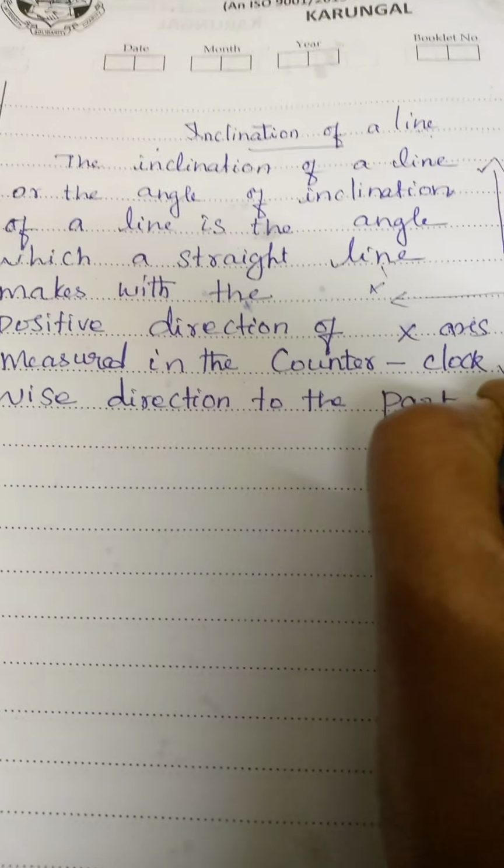What is meant by this? The inclination of x-axis is 0 as well as the lines which are parallel to x-axis are also 0.